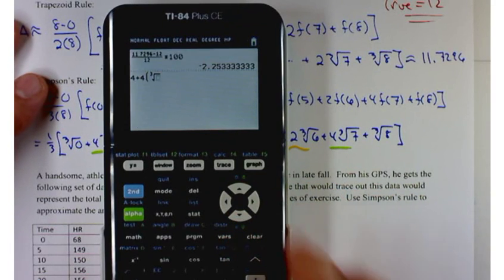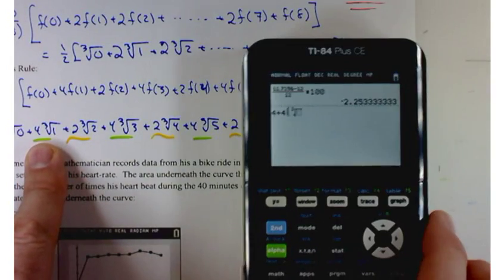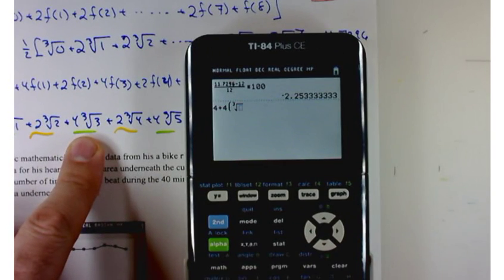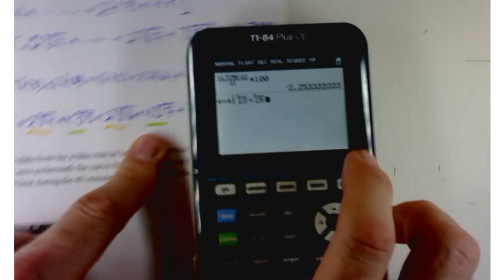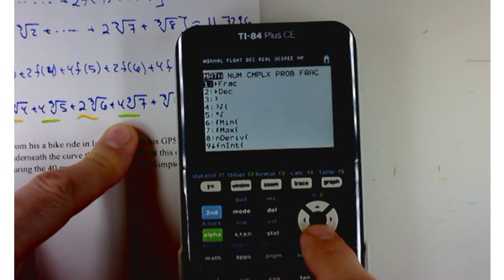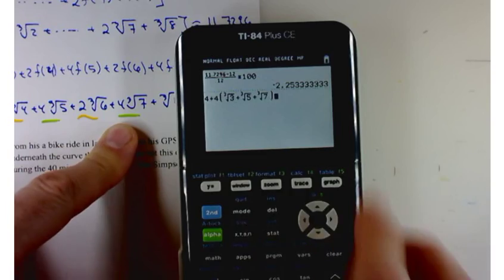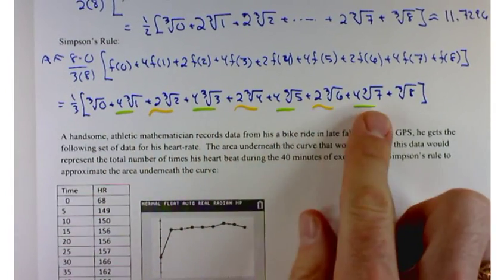It's the 4th option down. So the cube root of 1 I'll just do by hand. That's just 1. But then I have 4 times the cube root of 3 plus 4 times the cube root of 5, and then I also need the cube root of 7. So that's the total of all my odd cube roots.